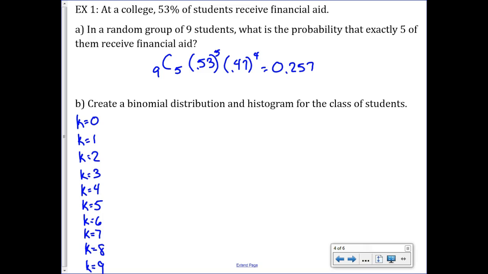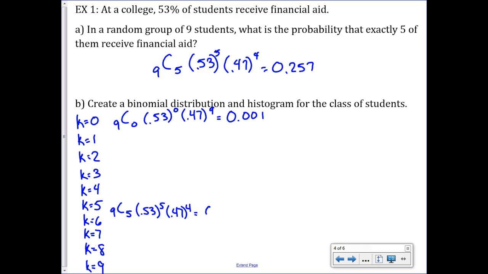So you're going to put in 9 choose 0 successes, 0.53 to the 0, and then 0.47 to the 9th, and see what we get. And we should get 0.001. You already have k equals 5, so that was 0.257.